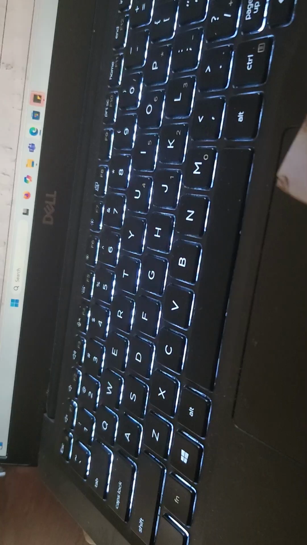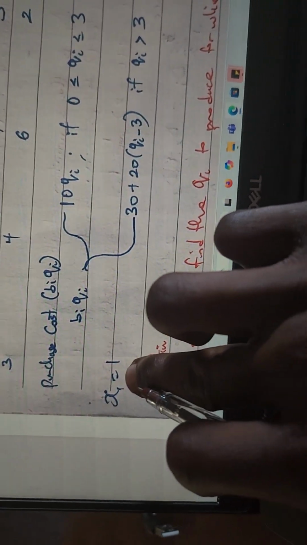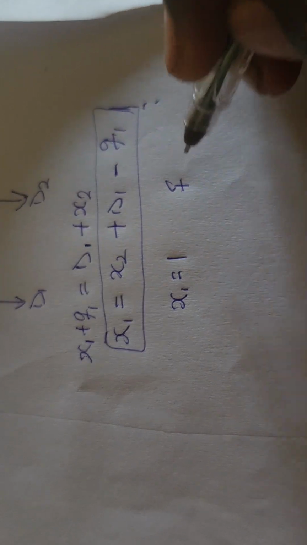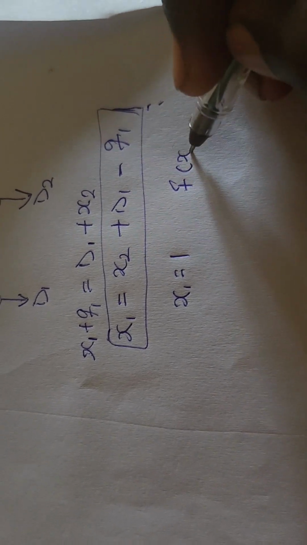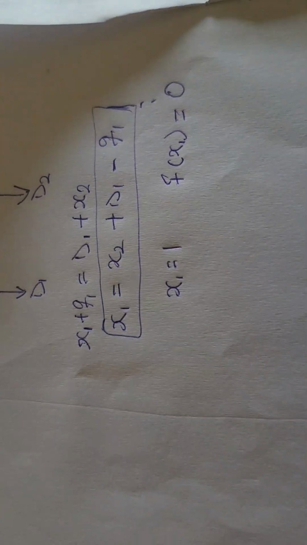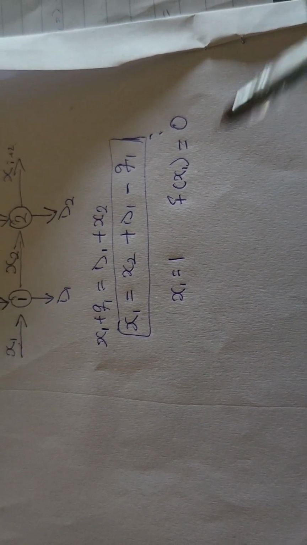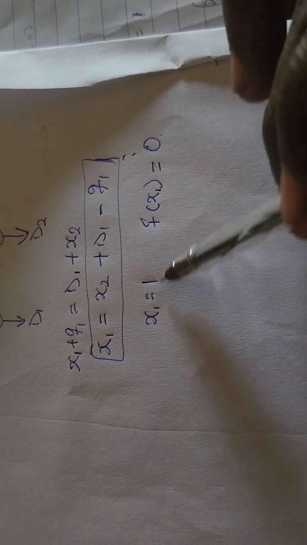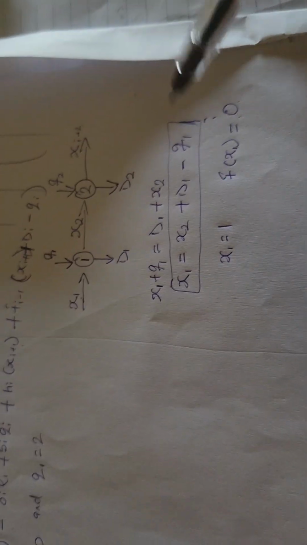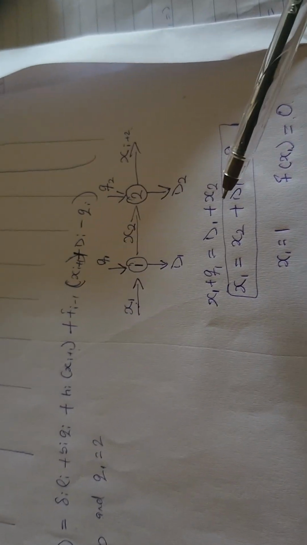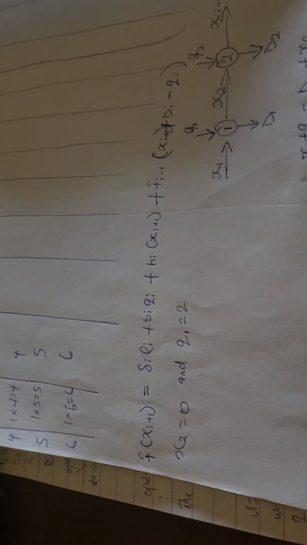From our question, our x1 was given to be equal to 1, and the cost of this particular inventory, when x is equal to 1, is equal to 0. Understanding this concept will really help us in populating this table and subsequent tables.